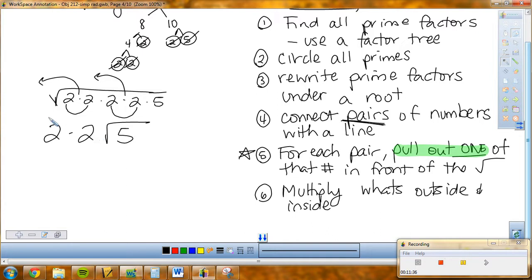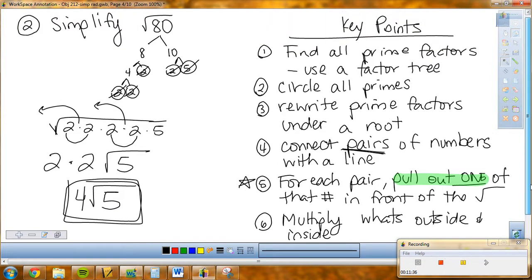So here I have 2 numbers outside, so I'm going to multiply those together because I pulled 2 things out. I'm going to have a 4. If I had extra things inside, I would also multiply those back together. But in this case, I just have my 5, so my simplified answer is 4 the square root of 5.